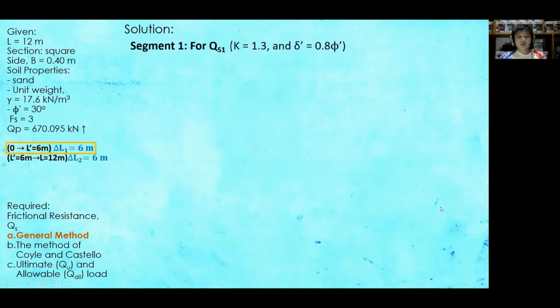So for segment 1, for Q sub S1, again we have our K and delta prime, an increasing F segment, Z of about 0 to L prime, that is 6 meters. So for F, it is equal to K times sigma O prime times the tangent of delta prime.